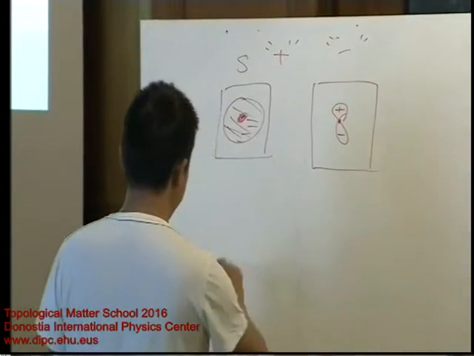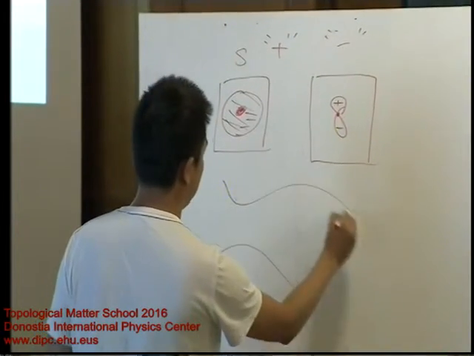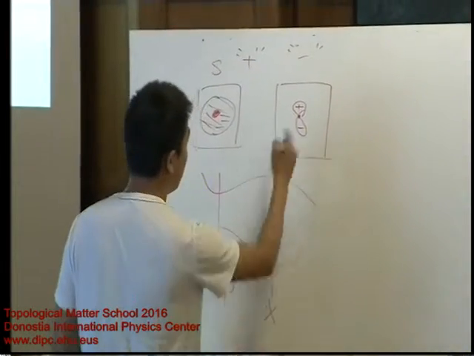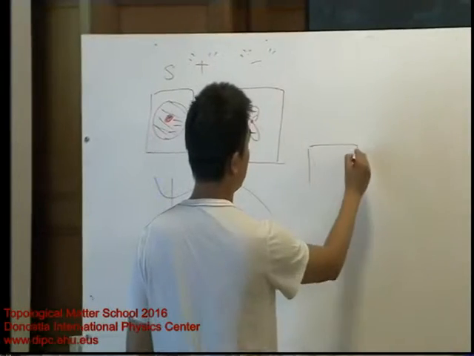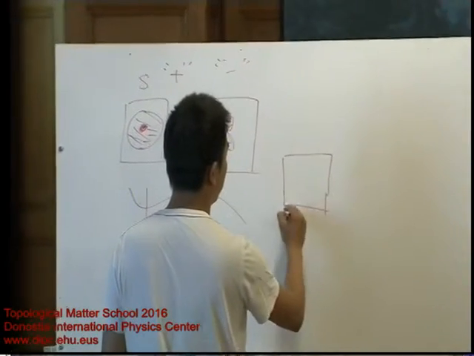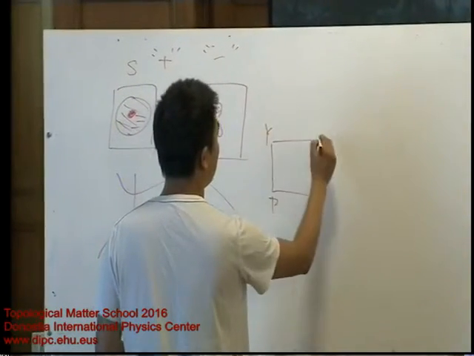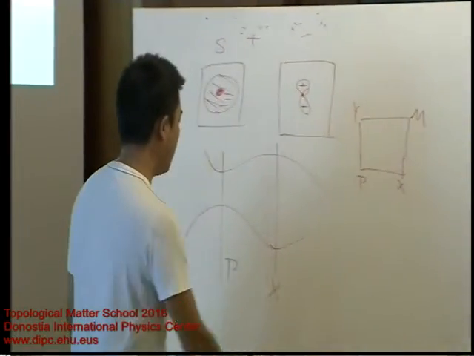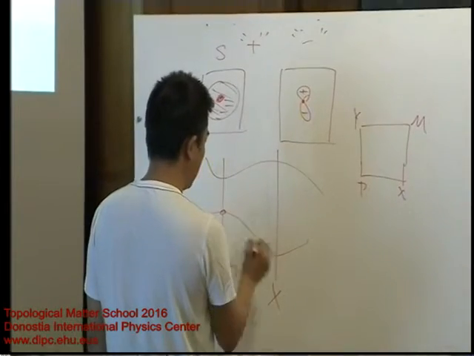Then in a band structure, we have many k points: gamma point, x and y. In a 2D case, suppose you have a cubic lattice, you have gamma, x, y, and maybe here we call it m, but here x and y are actually equivalent.